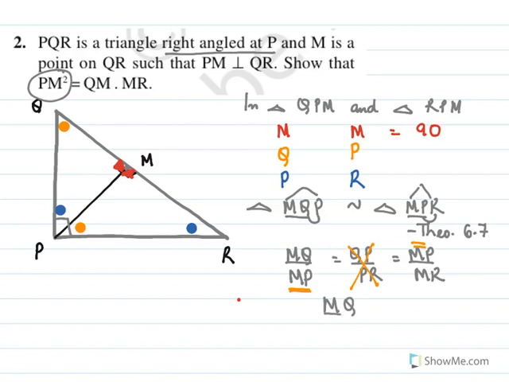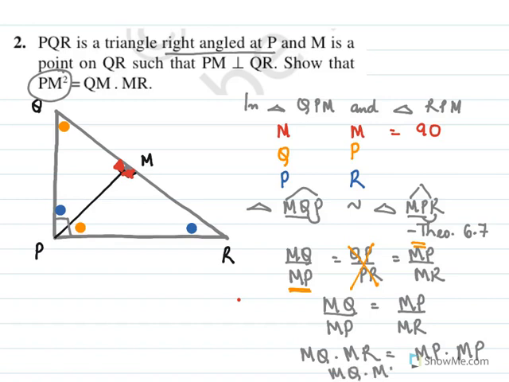So we write it again, MQ over MP equal to MP over MR. Cross multiply, MQ into MR equal to MP into MP. So MQ into MR equal to MP square, and that's exactly what they're asking you.